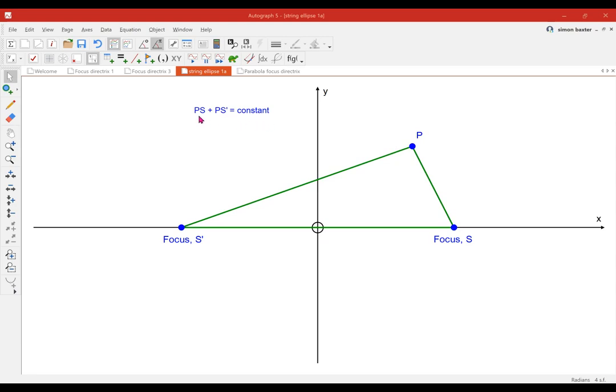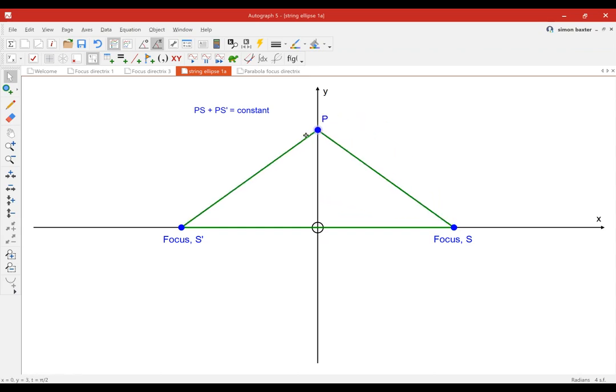This is the result that we've just proved if P lies on an ellipse. I'm now going to use that result the other way round to draw an ellipse. If I move P so that the total distance PS plus PS dashed remains constant, in other words, this is simulating a piece of string.